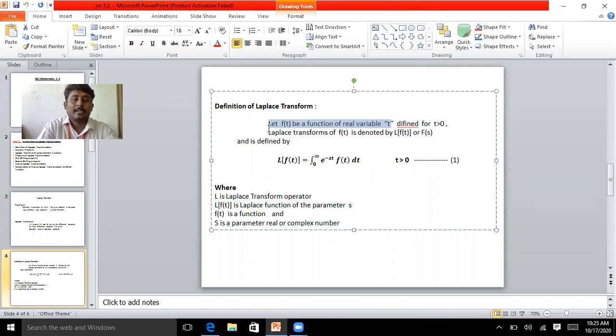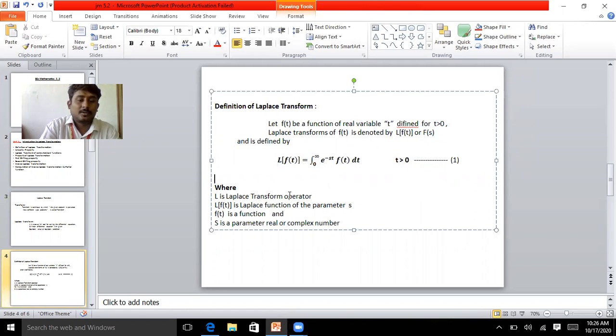The Laplace transformation of f(t) is denoted by L{f(t)} or capital F(s), and is defined by L{f(t)} = the integral from 0 to infinity of e^(-st) f(t) dt, where t is positive.